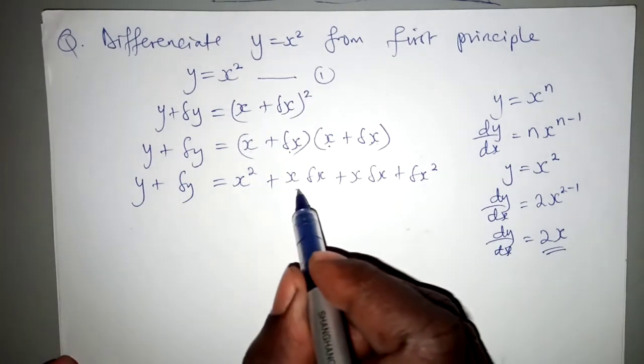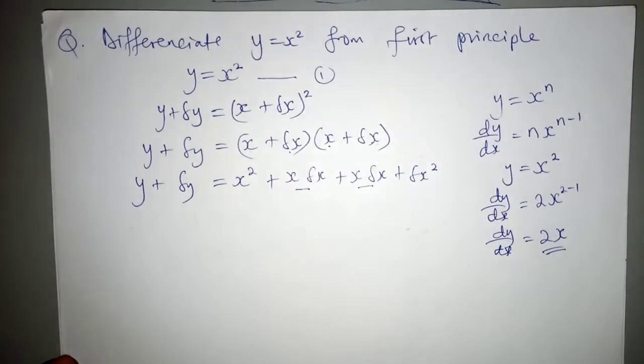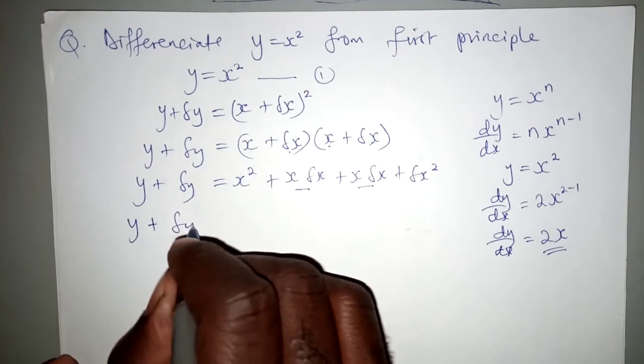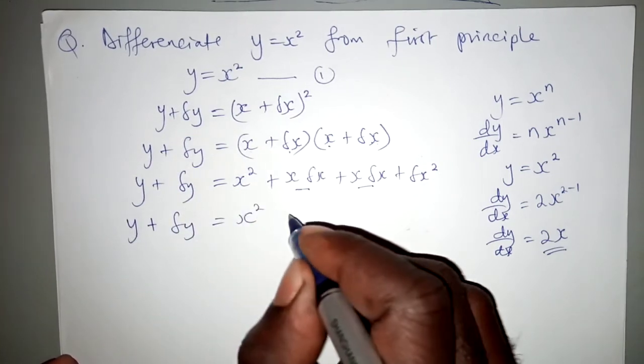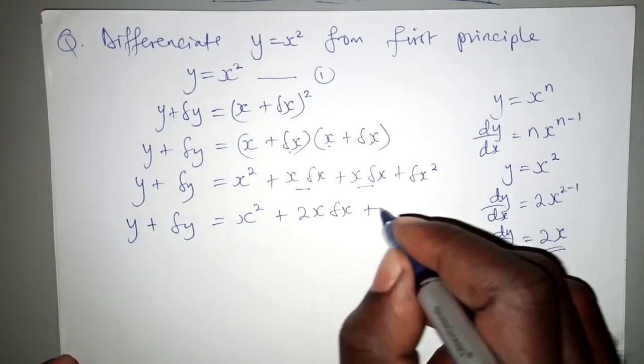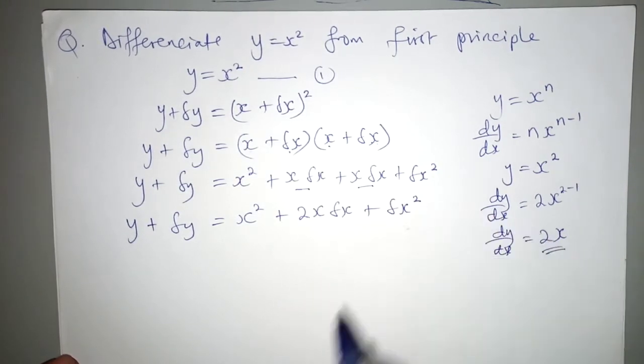So we have x delta x, we have another x delta x, so we are going to add the x delta x. So we have y plus delta y is equal to x squared plus 2x delta x plus delta x squared.